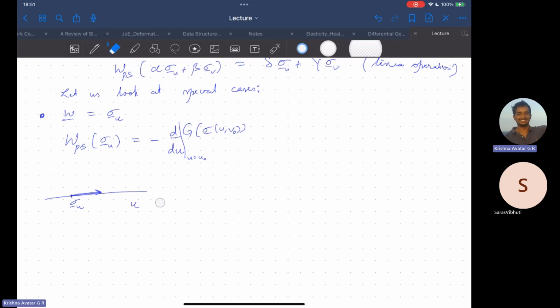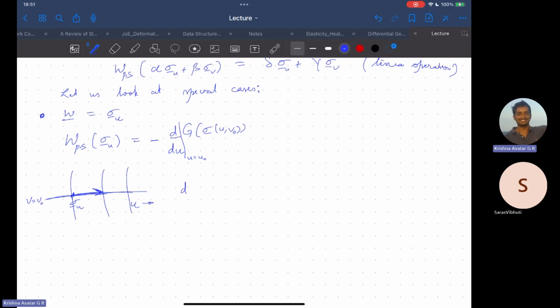So u is varying here and v is equal to v_0. So I'm looking at the variation of the Gauss map along this particular line, along v equal to v_0, where u is varying in this fashion. So that's the reason I'm looking at the derivative.